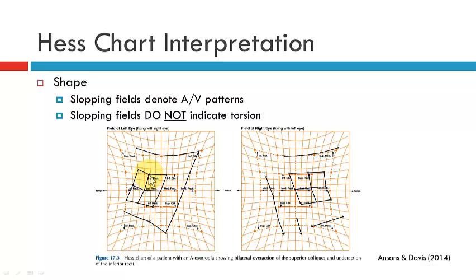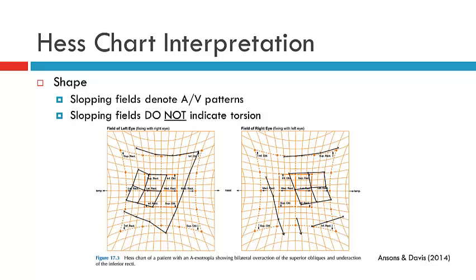12 degrees. Okay, so in this instance, we've got a 25-degree exo in down gaze and a 12-degree exo in up gaze, and so we have greater than 10 diopters worth of difference between up and down gaze.